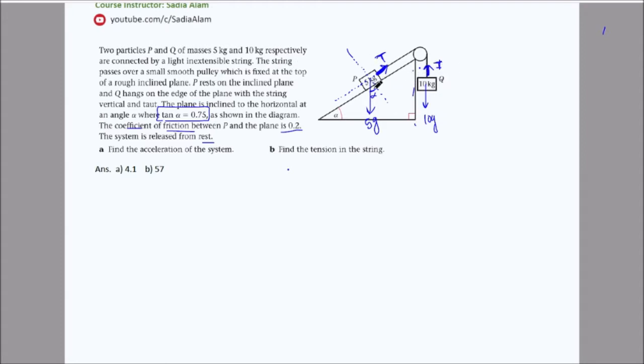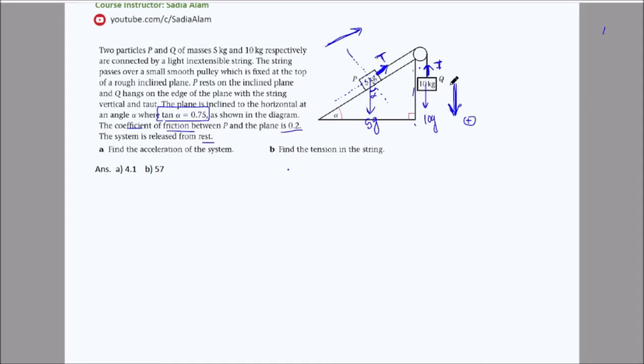So the direction is not clear here, like it can go down and P might move up, or it can also be the other way around. Since direction is not mentioned, you can take either direction as positive. Since its weight is 10g compared to that, Q will move downward and P will move upward.